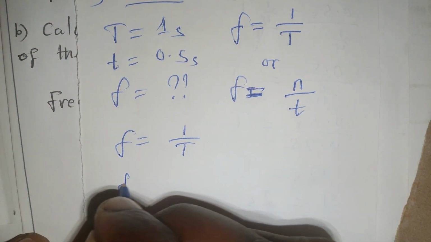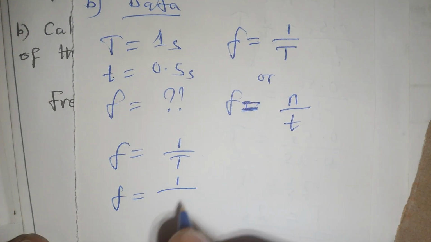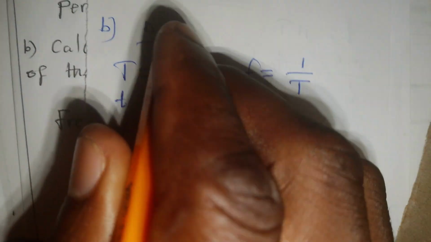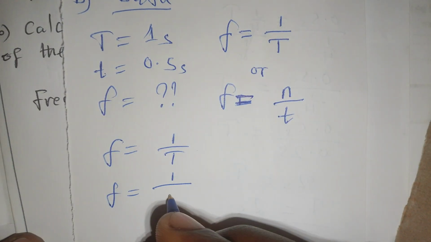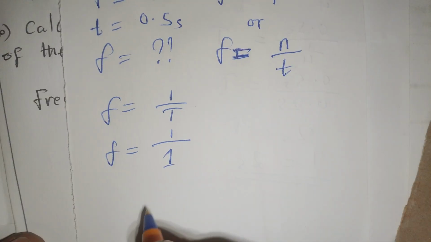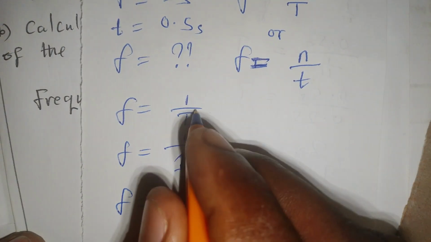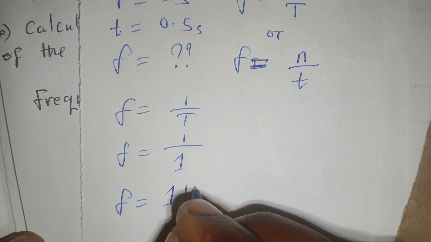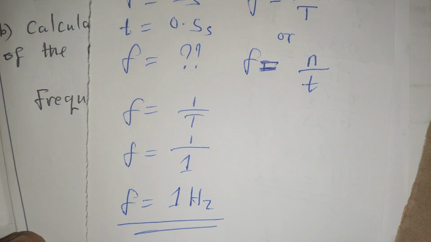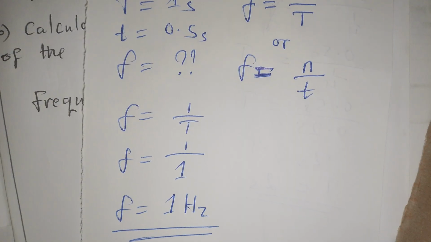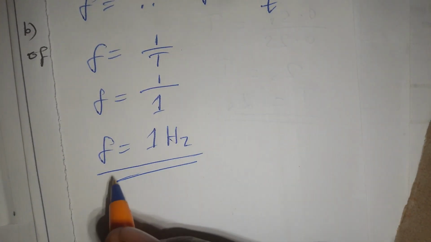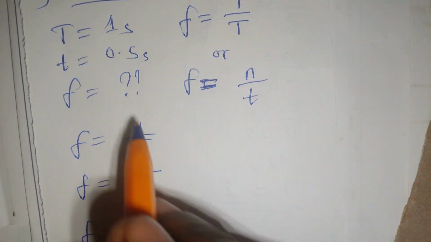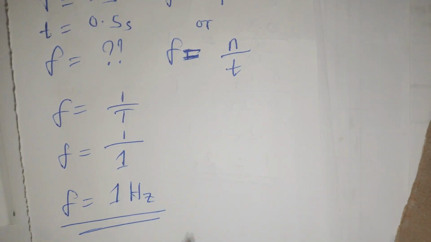The period you have calculated is 1. So frequency is equal to 1 into 1, which is 1 hertz. This is your frequency. You can also use the other formula, but you will still find the same answer.